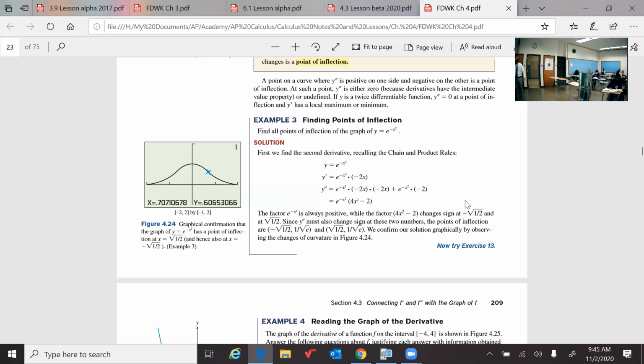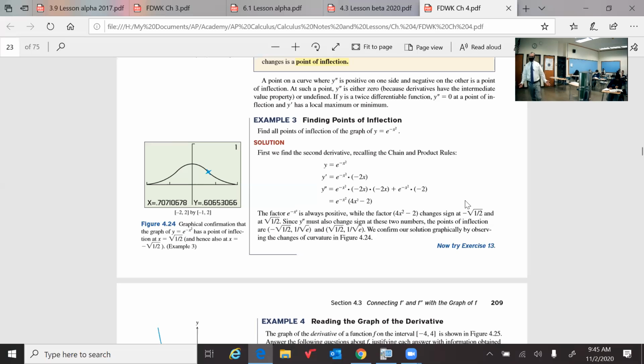Now, the square root of 1/2 is 1 over root 2. You can rationalize and get root 2 over 2. It's the same thing. I wouldn't really be worried about rewriting that as root 2 over 2. It's the same value. Okay?